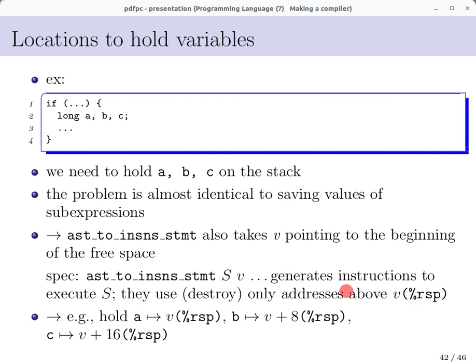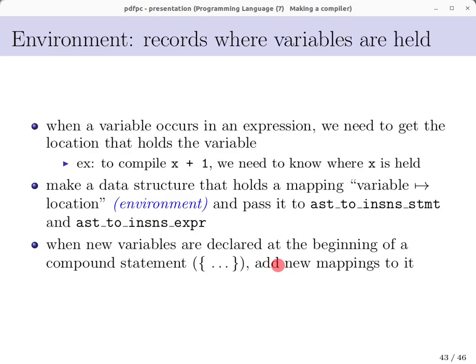So given this specification or convention, you can determine that A should be held in RSP plus V, B should be held in RSP plus V plus 8, C in RSP plus V plus 16, for example. In a way, very similar to how you can preserve the result of sub-expressions.